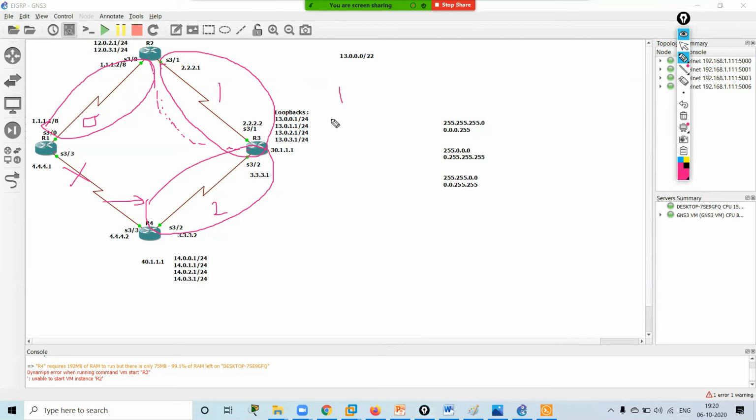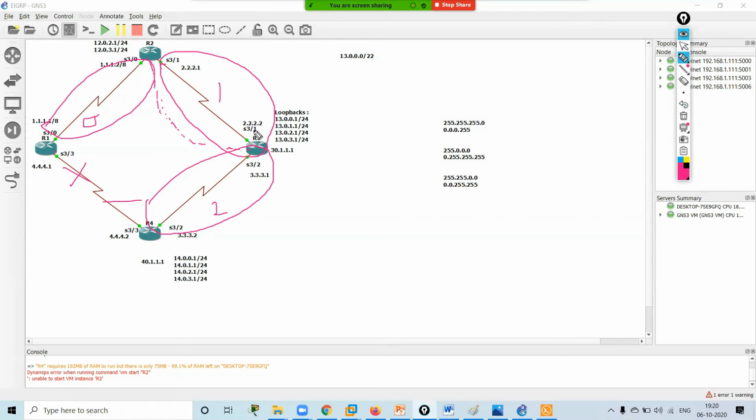To connect this area to area 0, we need a virtual link. So the first solution was to extend area 1. The second solution was to connect a link between these two areas. The third solution is very common. Why are we not just connecting? There might be some situations where we cannot connect a cable between these two routers. So we can move to the third solution, that is the virtual link. Got it?